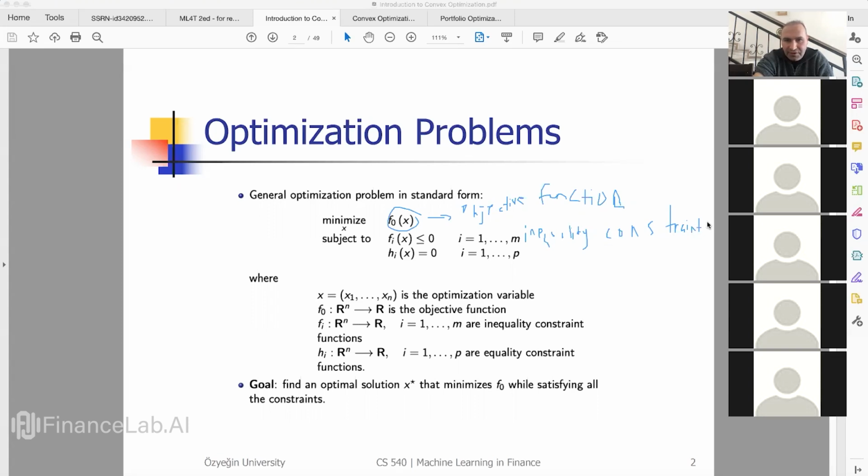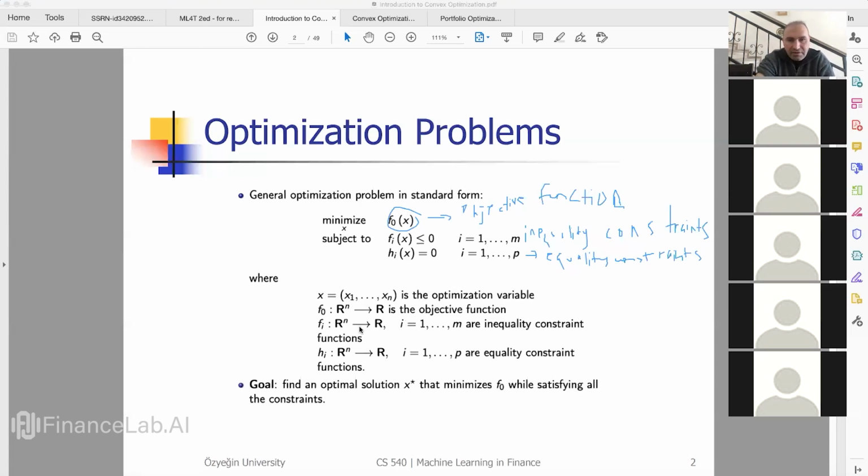These make sure that the functions fi(x), from i equals 1 up to m, are smaller than or equal to 0. And there are equality constraints, notated here by h, where hi(x) is equal to 0 for i from 1 up to p.